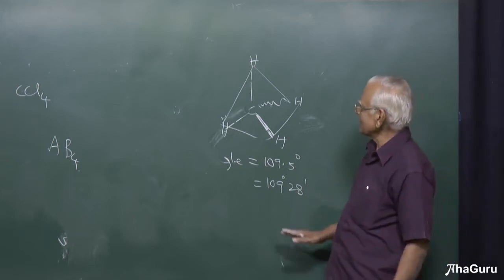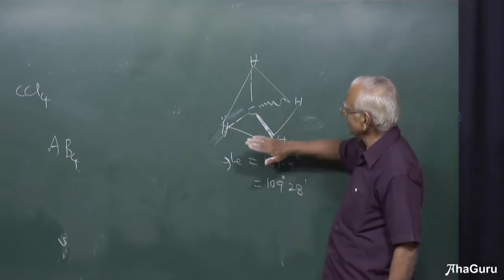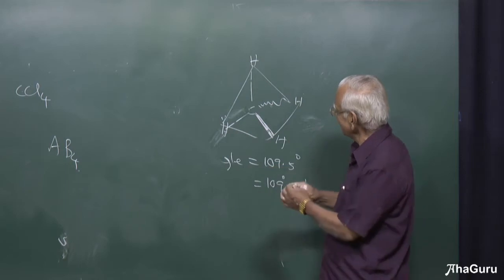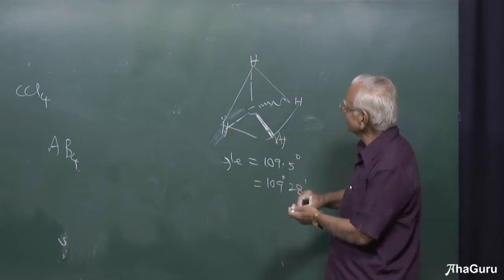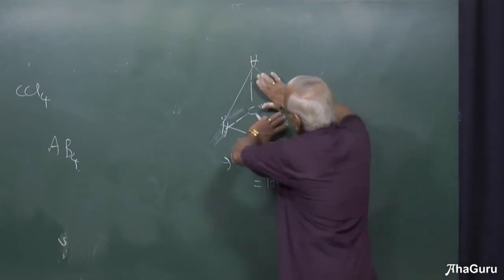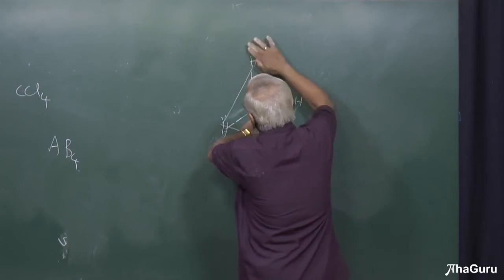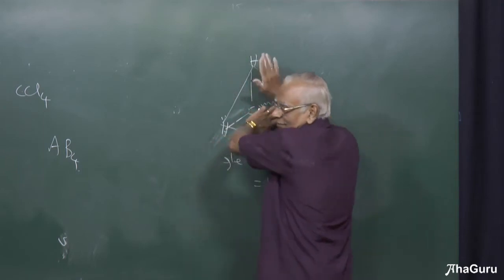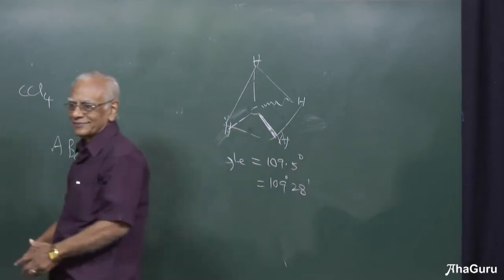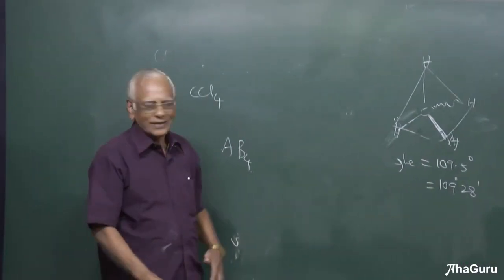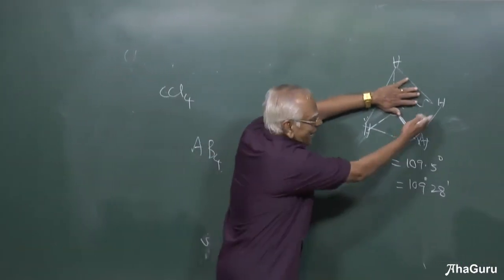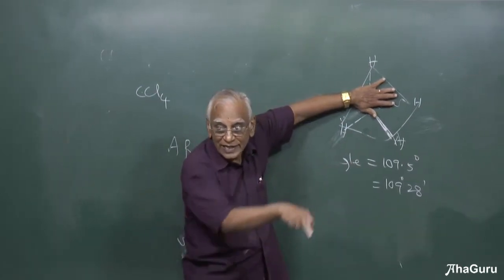Let us take this particular plane. You have a plane. Let us say this is going to be one plane. How many atoms? 3 atoms, including the carbon atom. Or you take a base, 1, 2, 3.